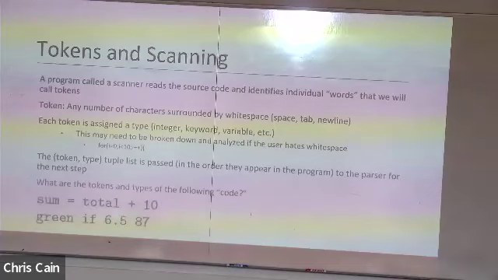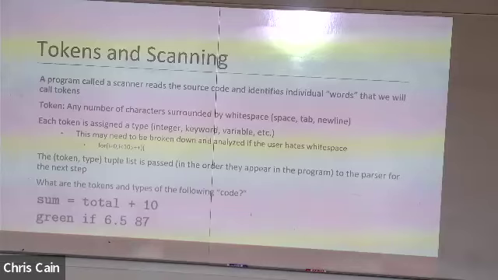So tokens and types, now we need a type associated with it. Let's start with the first line. Sum is a variable. Operator, yep. Total would be a variable.